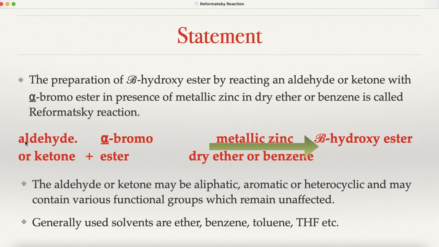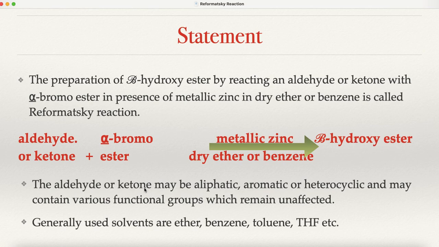It may be an aldehyde or ketone. The other reactant is the alpha bromoester. The reagent of this reaction is metallic zinc and the solvent used is dry ether or benzene. The product of this Reformatsky reaction is the beta hydroxy ester.